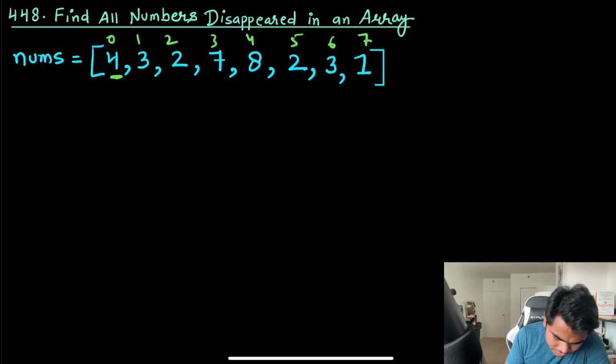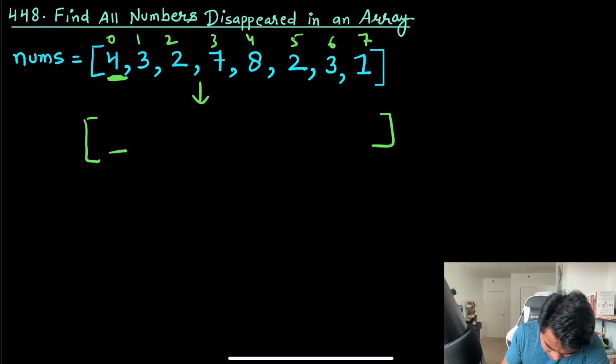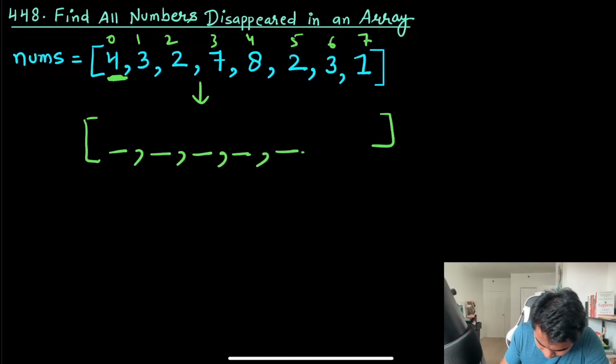What I'll do is simply I will visit that index. So let's say I start visiting 4, and I'm gonna just make these empty values so that I update those.